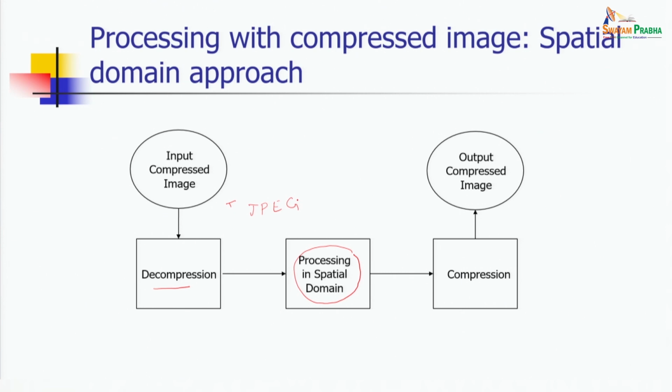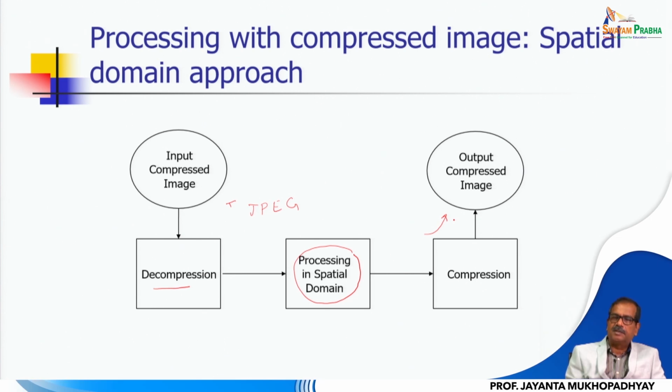And after doing some operations, even any applications on a mobile phone, you have observed that your output is again converted into that compressed format, because storing the processed image also needs to be done efficiently because of those limitations of memory.